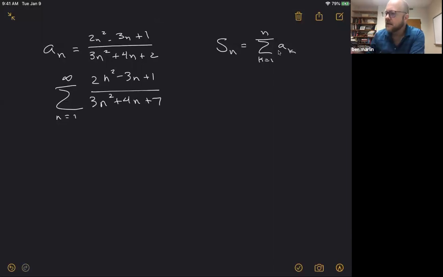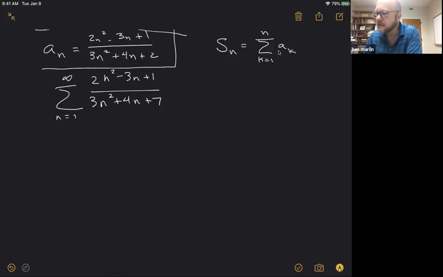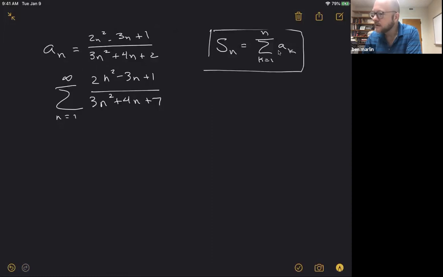So this means that what you want is not to take the limit of the terms a sub n here, but rather if you took the sequence of partial sums s sub n and talked about them. So you might also think about this as plugging in n equals 1, n equals 2, and so forth.